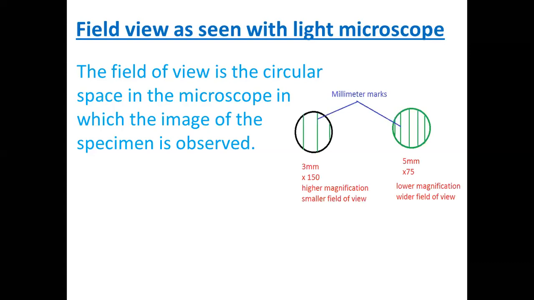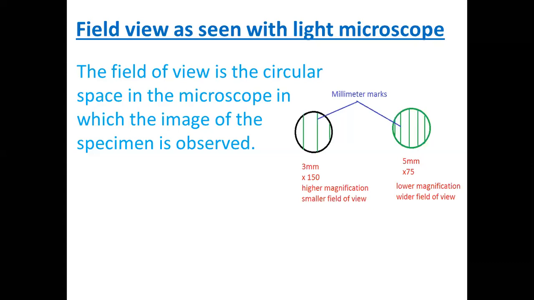And by that I mean, you can see now, like now at times 150 magnification, we have only 3 millimeter marks. So that is to show that the field of view is smaller. But also we should not forget, the more the details we see, the higher the resolution.